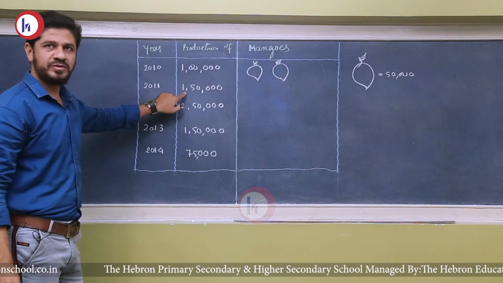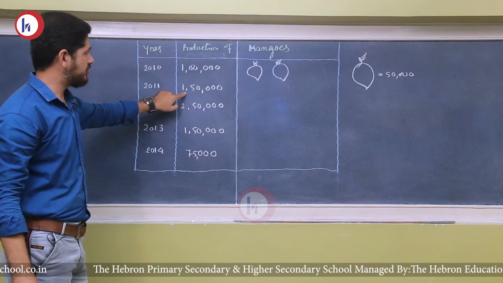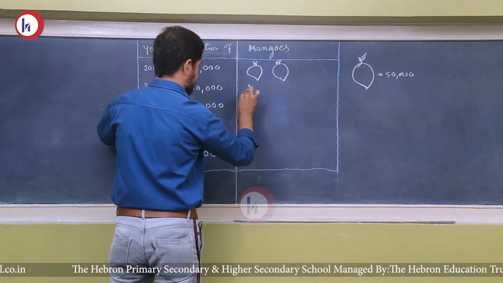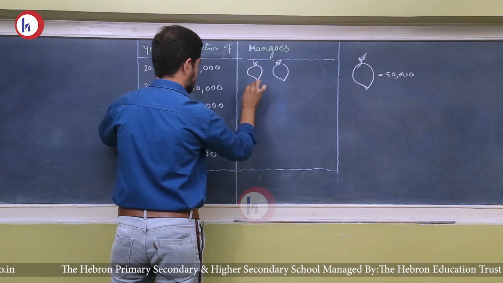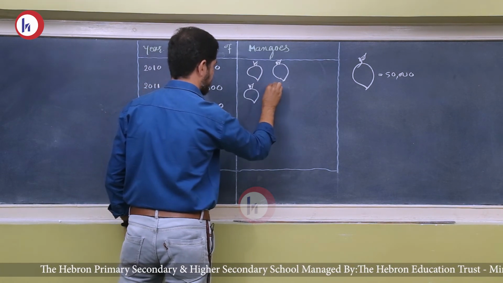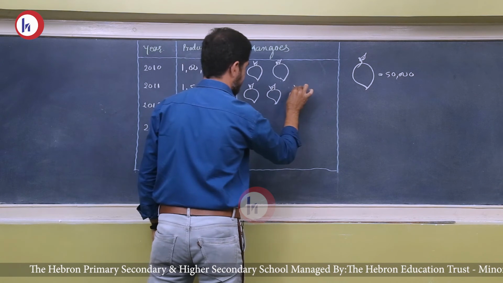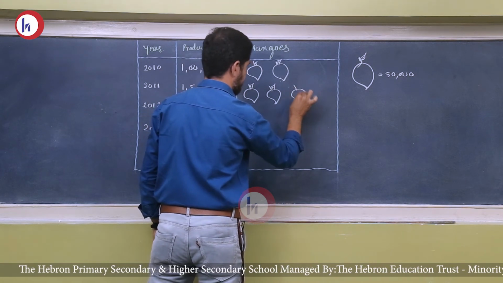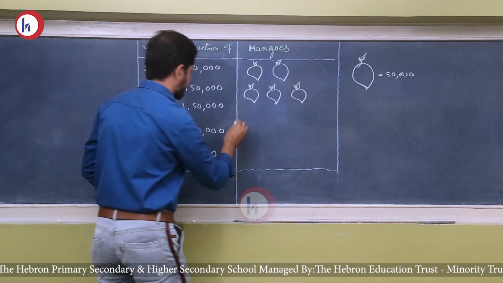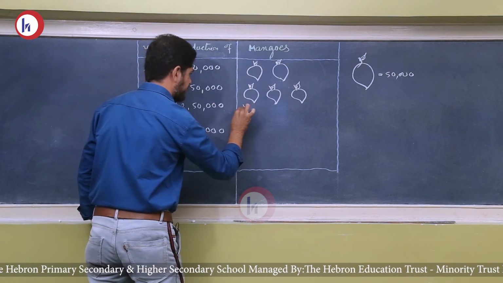The second one is 1,50,000, that is a multiple of 50,000 also. So we will draw 3 mangoes for that. Two lakh 50,000. For it, we will draw 5 mangoes.